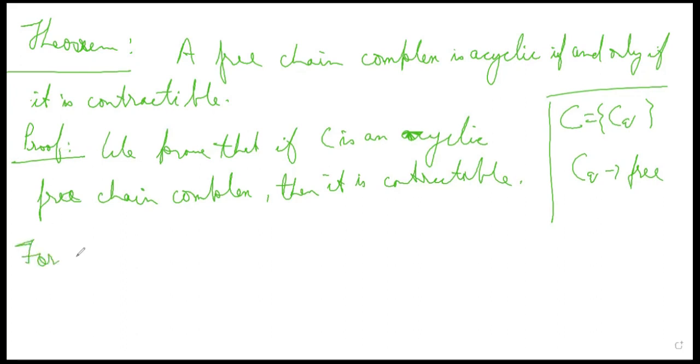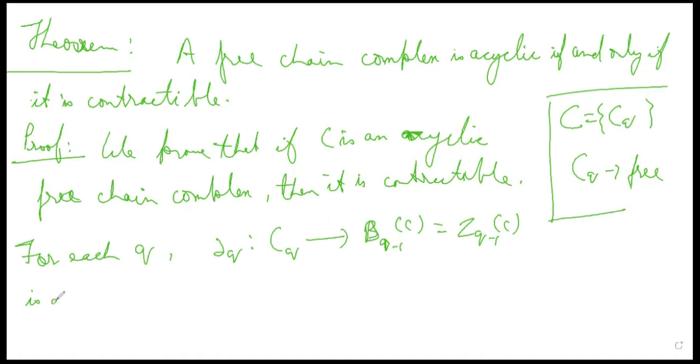So if this is there, then for each q, this boundary map from Cq to Bq minus 1 C, which is equal to Zq minus 1 C, is an epimorphism.